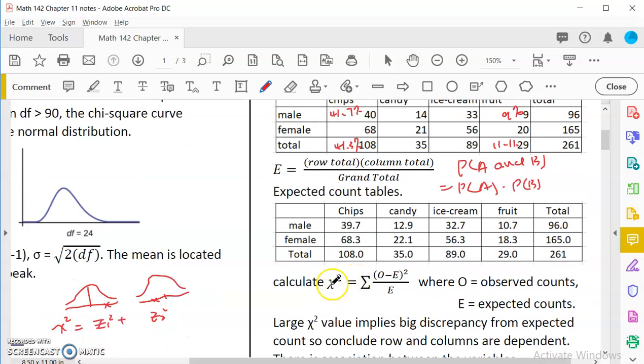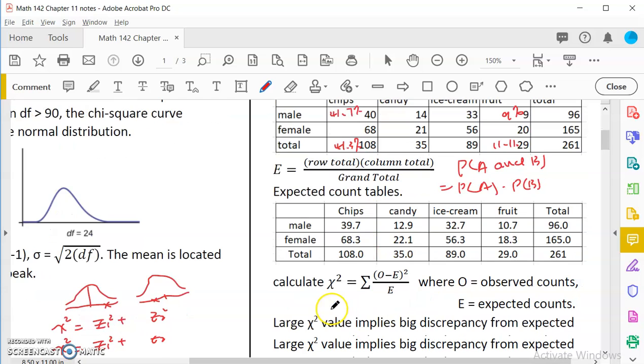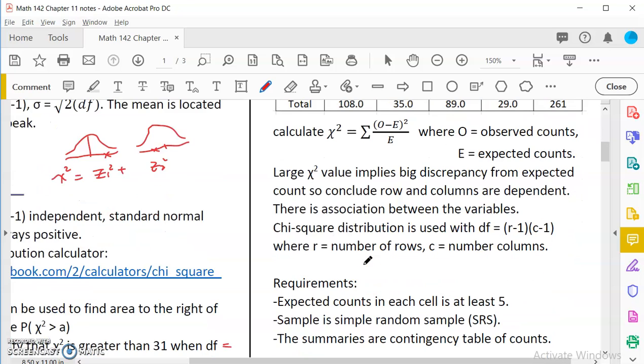Then you calculate the chi-square, which equals observed minus expected count, squared, and divided by the expected count. Add them all together and they become a chi-square, and then you look at chi-square greater than a value for calculating the p-value. Okay, so in a way, that is how you do it.